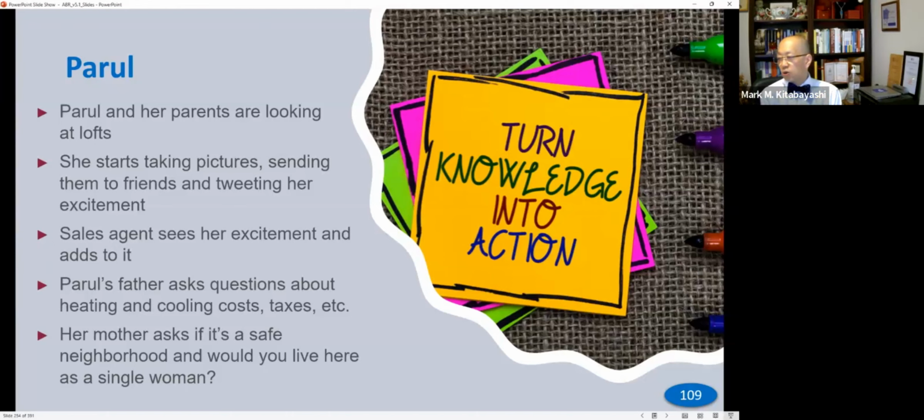Turn knowledge into action. Parul and her parents are looking at lofts. She starts taking pictures, sending them to friends, and tweeting her excitement. The sales agent sees her excitement and adds to it.